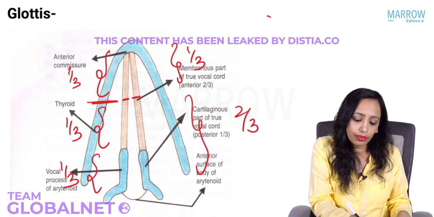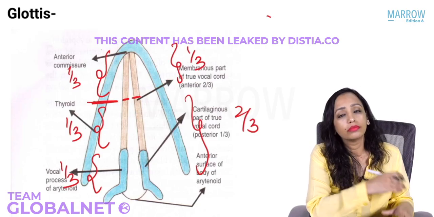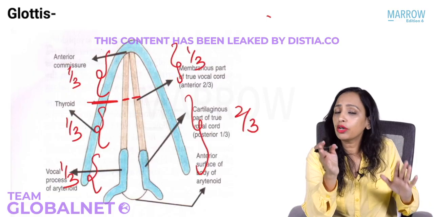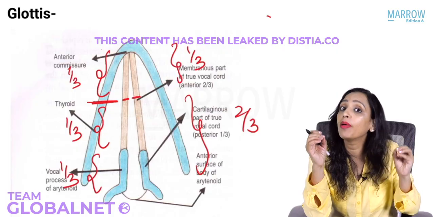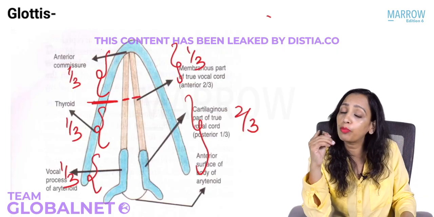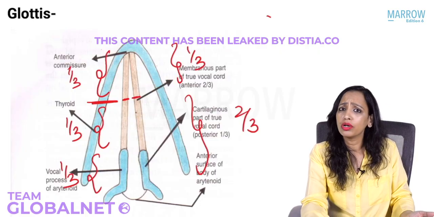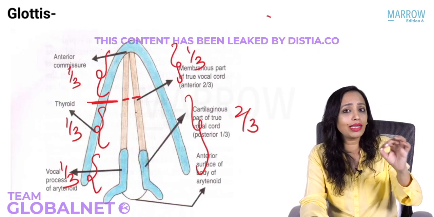Is that also true? That is also true. The most common site of vocal nodular polyp formation is the midpoint of the membranous part. Is that also true? That is also true. So all of them are the same thing we are saying in different ways.